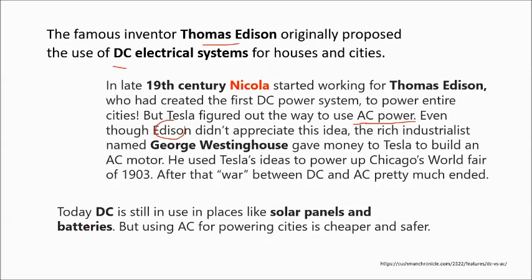Today, DC is still in use in places like solar panels and batteries. But using AC for powering cities is cheaper and safer. Edison wanted to power houses and cities with DC, but DC has disadvantages when the supply, I mean the output, becomes large.